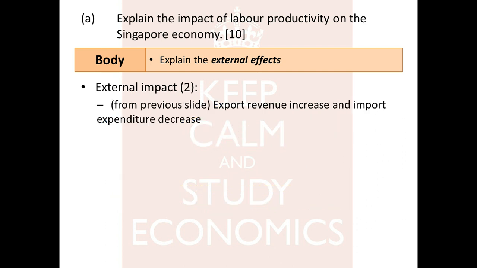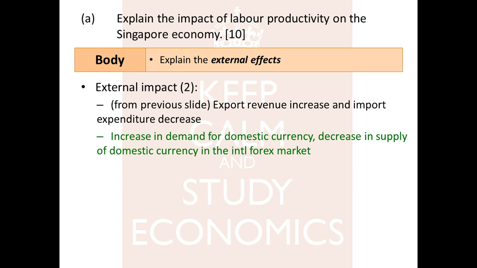From the previous slide, we learned that export revenue will increase and import expenditure will decrease. Now, what this means is that there will be an increase in demand for domestic currency and a decrease in supply of the domestic currency in the international foreign exchange market. Let me just go through this in detail.